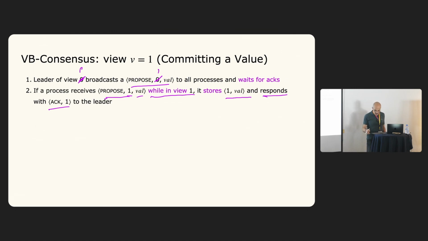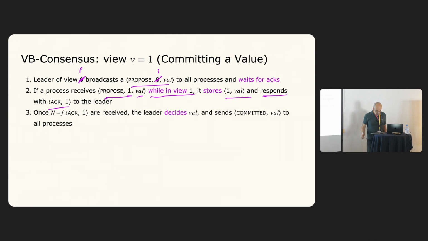Okay. So once the leader collects n minus f ack 1, it can decide val. And then it can also notify everyone else about the committed value by broadcasting a committed value. Okay. So this is the basic protocol for view 1.